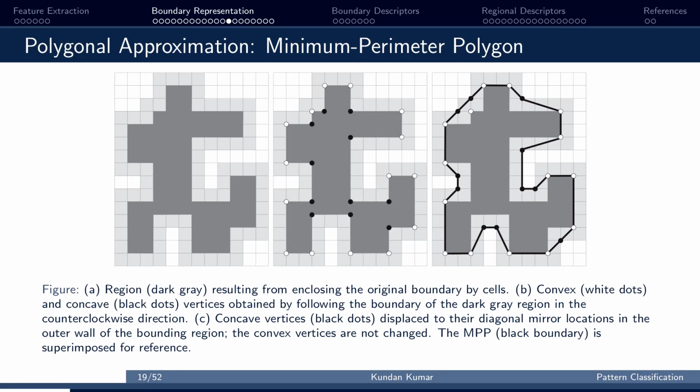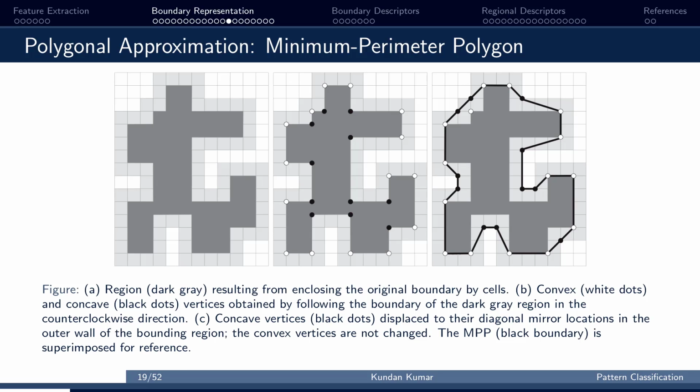So the first algorithm is the minimum perimeter polygon. We are not going to discuss the exact algorithm to find the minimum perimeter polygon of any arbitrary boundary, but we will get the essence of how this algorithm works.